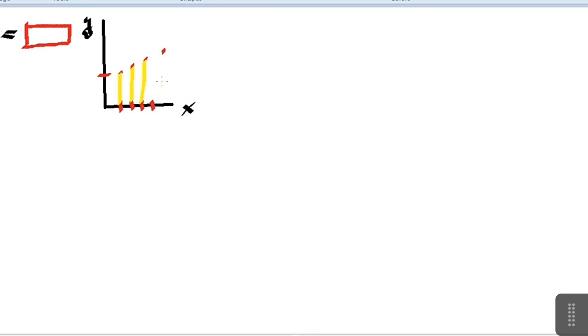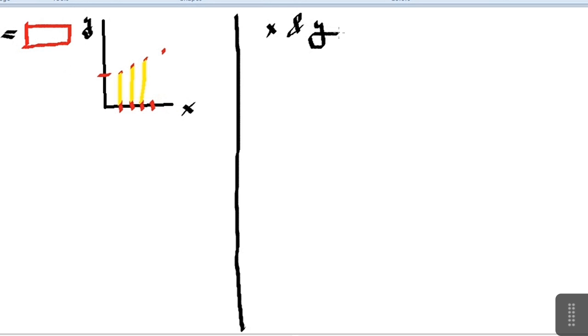Okay, agreed? Now there is another case. Let me draw a line here so that I can make you understand that in another case x and y are independent variables. When I say independent variables, I can make a function f which is both a function of x and a function of y.